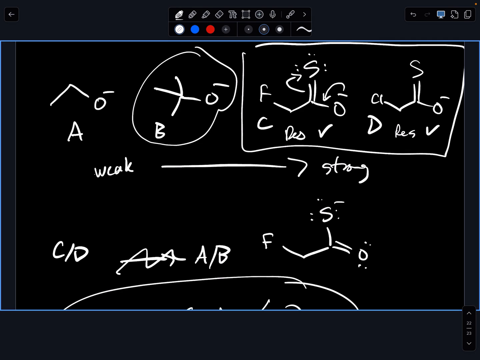Big ideas from Unit 3 are ranking acids and bases, identifying which side an acid-base equilibrium favors, and how to separate two molecules with a liquid-liquid extraction. And then 3 is all about conformations. We do the Newman projections, we do the chair flips, and then we do carbon-13 NMR. So there's some symmetry involved there.